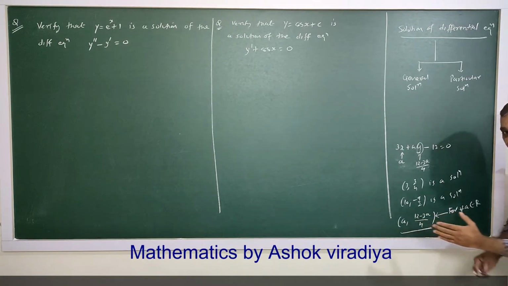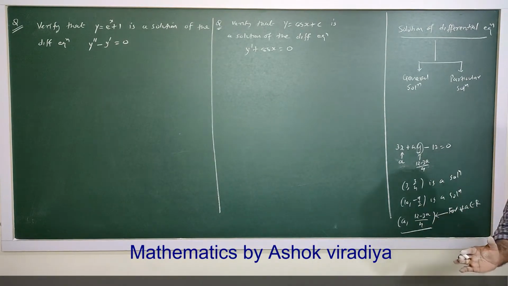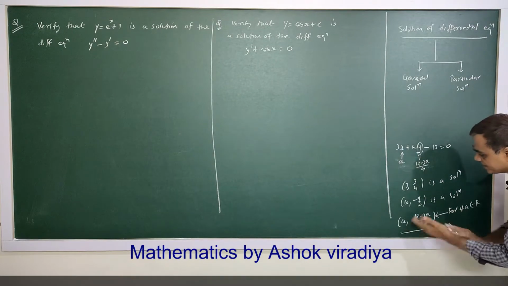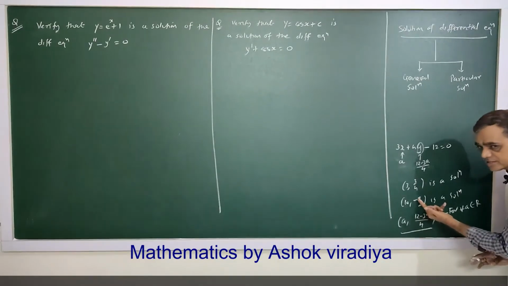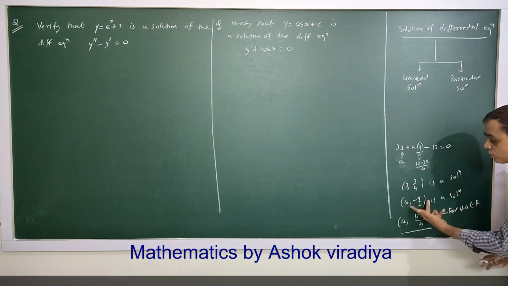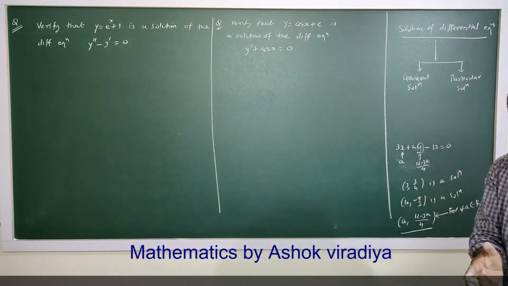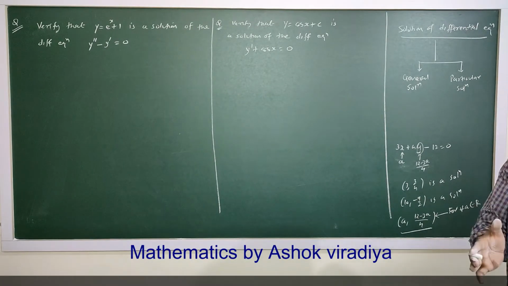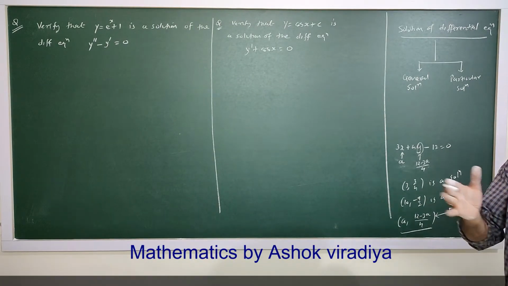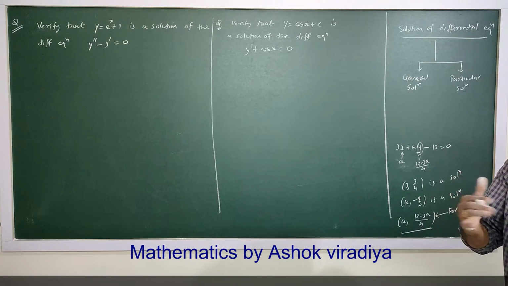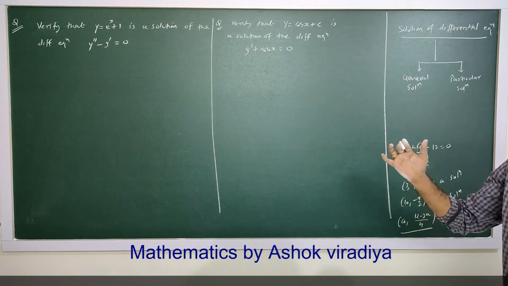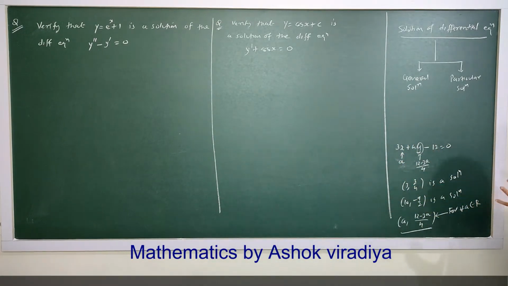So this includes a family of solutions. From this family, these are two particular members. So these are particular solutions. This is the general solution. General solution means a solution which defines or generates a group of solutions. So this is the simple meaning of general solution and particular solution.